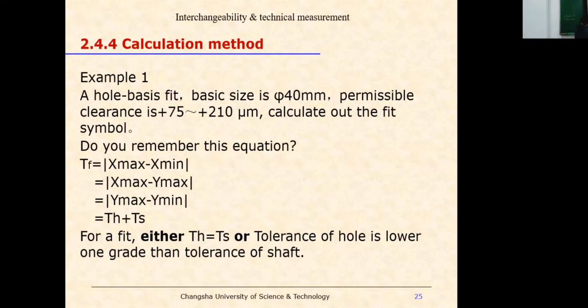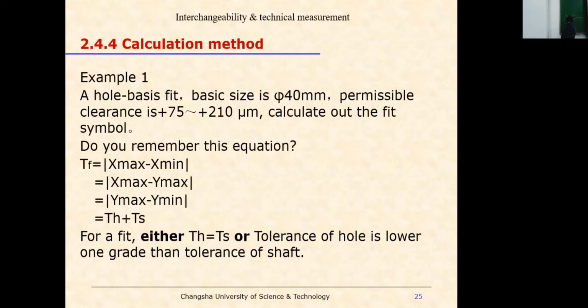So how to design or how to calculate the X minimum? You know this is the hole basis. Hole basis means that the hole is here, right? The clearance, the shaft is here, right? This is 0, right? And also there's an equation: when we design the tolerance grade, the hole and shaft are equal, right?